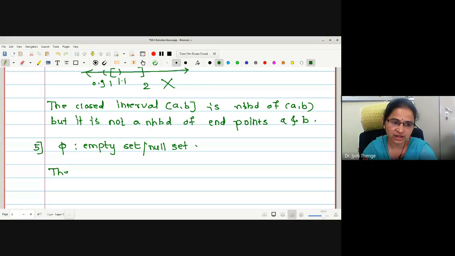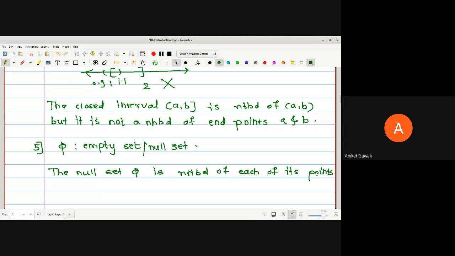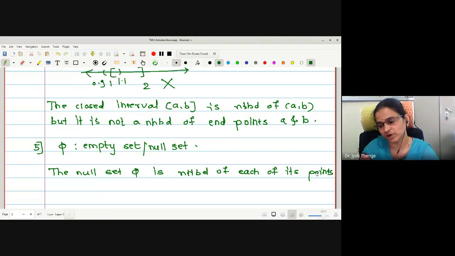What will I write? The null set phi is a neighborhood of each of its points. There do not exist any elements, correct? But we are discussing the neighborhood of its points, na?